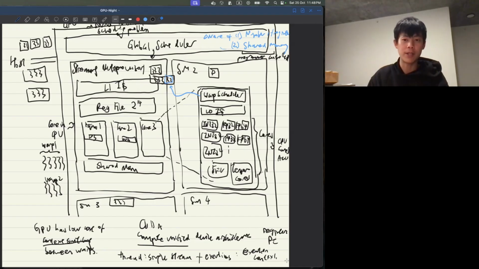So again, remember the unit of execution in a GPU is a warp. When a warp hits a long latency instruction, such as loading something from memory or storing something to memory, the whole warp can be switched out for another warp.